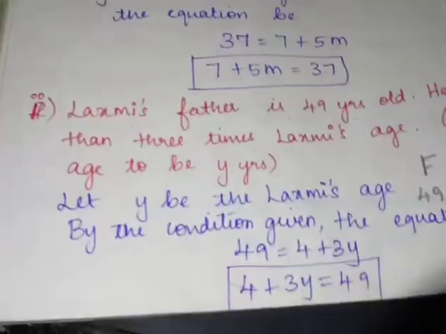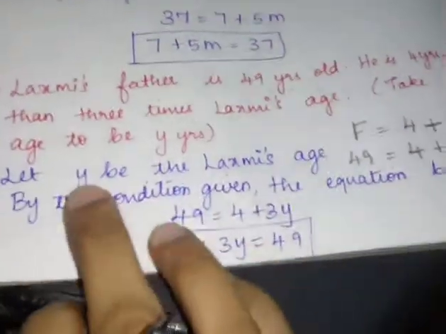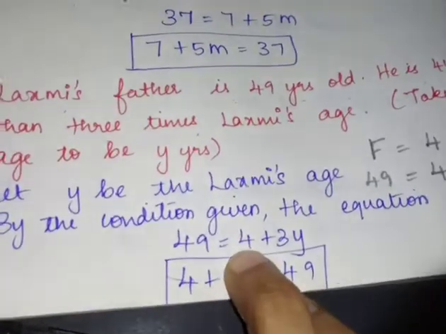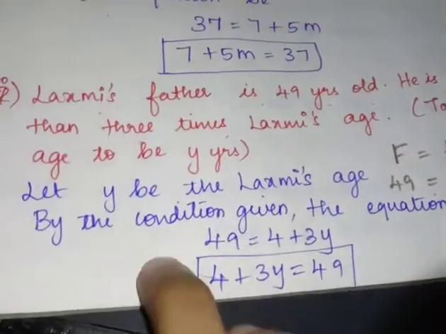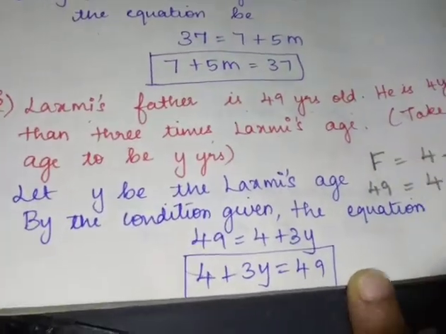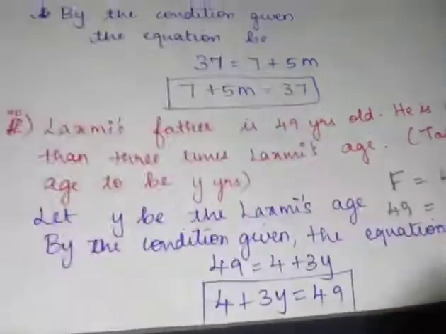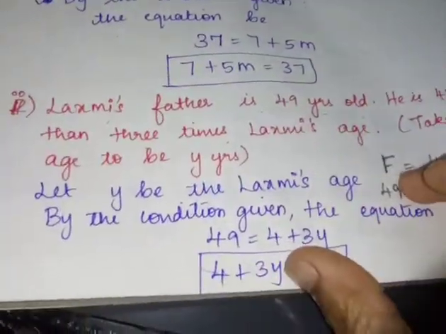Because I am taking Lakshmi's age as y, the father is 4 years older than 3 times Lakshmi's age. This is the equation we are getting. Okay, children, it is very, very important to analyze the question and frame the equation.